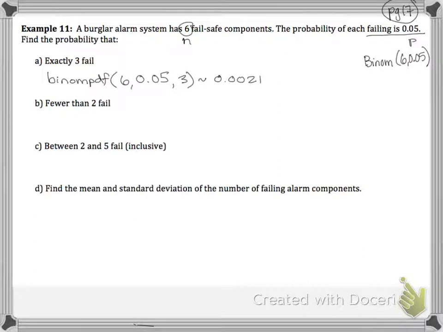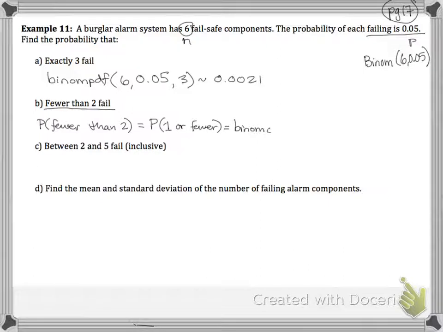All right, this is language that we haven't seen yet. Fewer than 2 is actually 0 and 1. So I want to think of that as 1 or fewer, because that's the language we used when we described how to use the binom CDF.